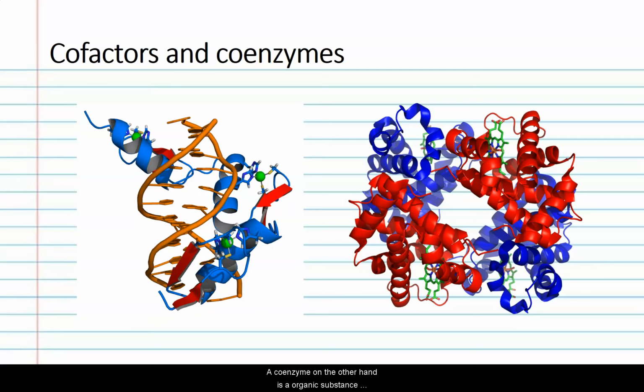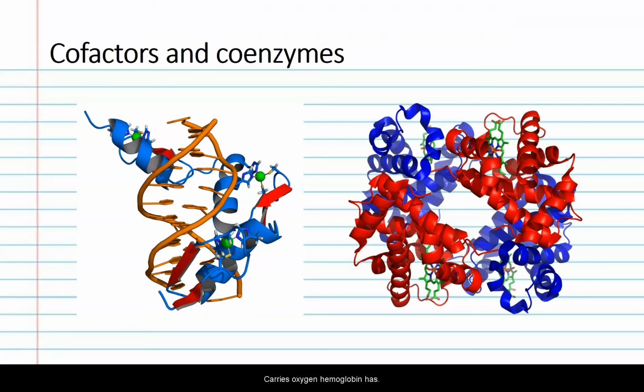A coenzyme, on the other hand, is an organic substance that is necessary for the function of an enzyme. So for example, hemoglobin is a protein that binds and carries oxygen.